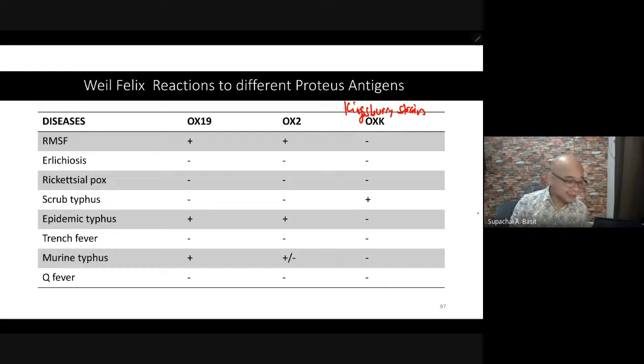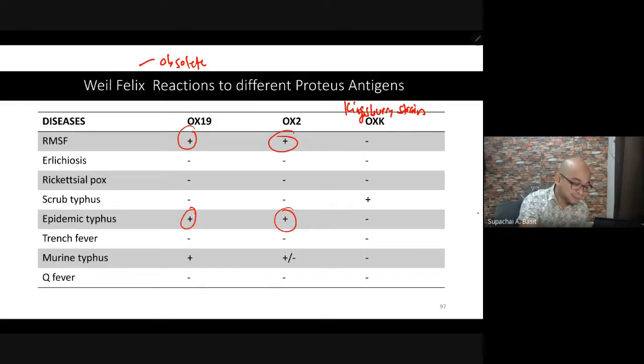Although the Weil-Felix test is no longer being done, it is already obsolete and we're just discussing it for the purpose of looking back at the historical perspective. As you can see here, Rocky Mountain spotted fever will give a positive reaction to OX19 and OX2. And Rocky Mountain spotted fever would have the same reaction with epidemic typhus.